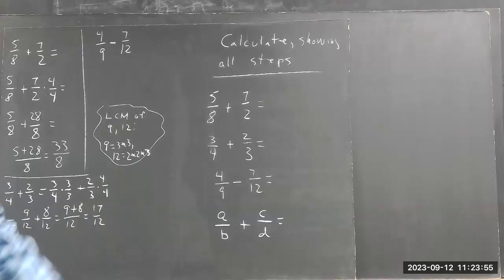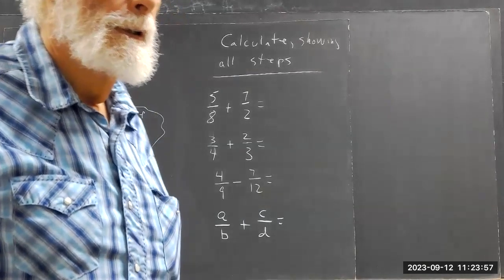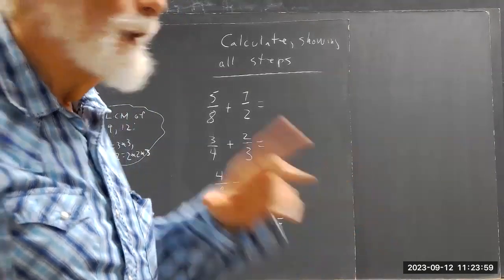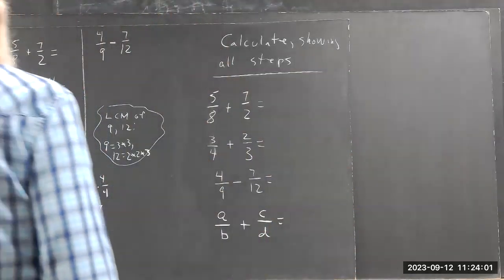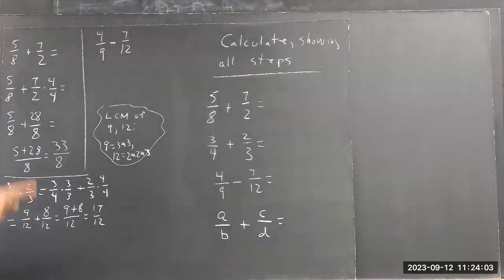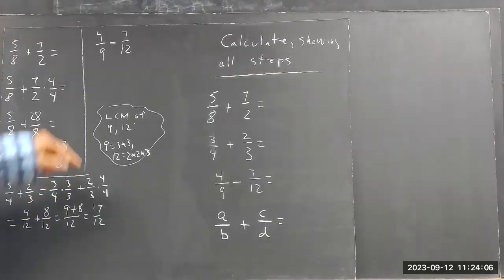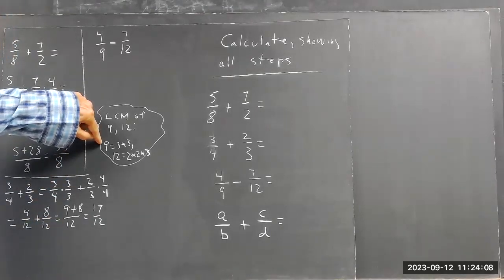Did Open Math mention prime factorization when they did this? Nobody has seen that. Okay, but it's simple. To get the prime factorization of 9, you know what a prime number is? Everybody know what a prime number is? A number that can't be divided by any whole number other than 1 and itself.